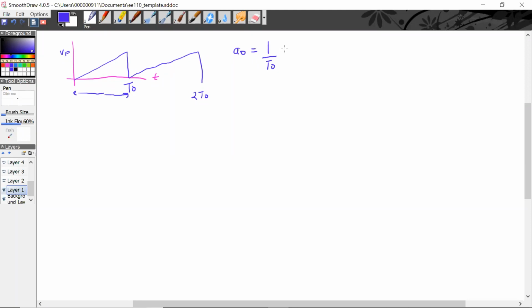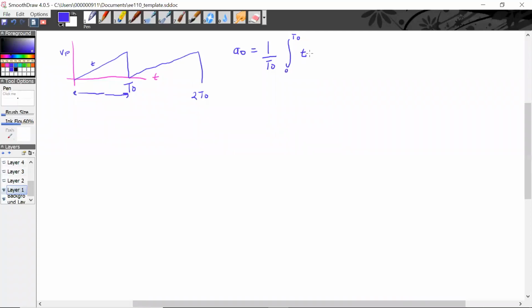It's continuous time, so we integrate over the whole period. I'm just going to keep this as t. We could change the slope, but doing t is fine.